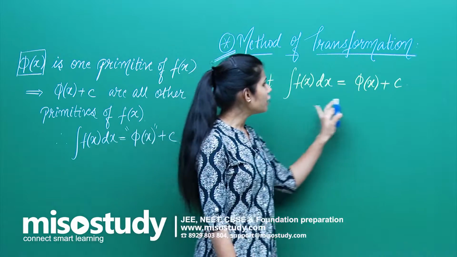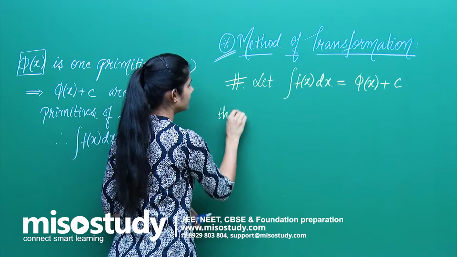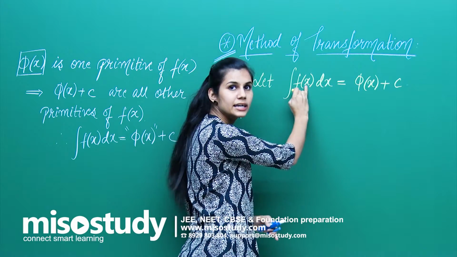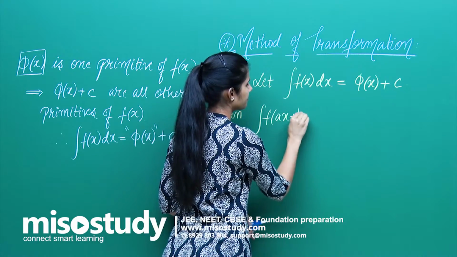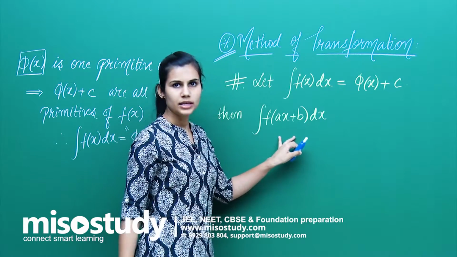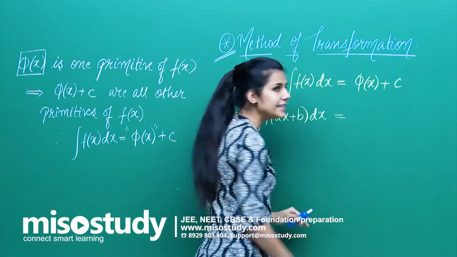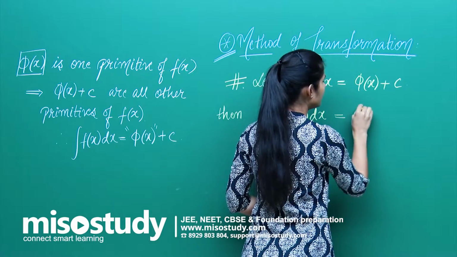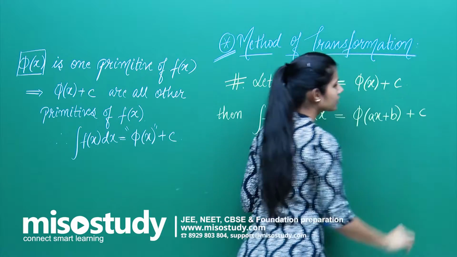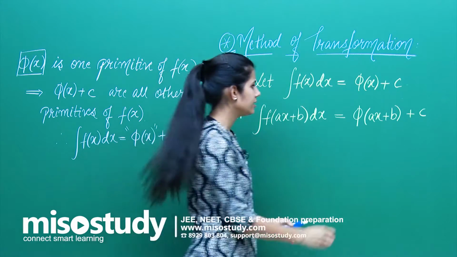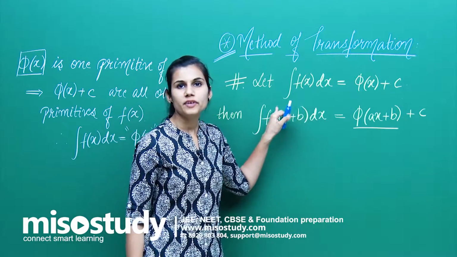So, let integral of f x dx be equal to phi x plus c, then if x is replaced by a linear function of x, when x is replaced by ax plus b, then the integral turns out to be: in its integral, replace x by ax plus b? No, something more. Divide this by differentiation of ax plus b.